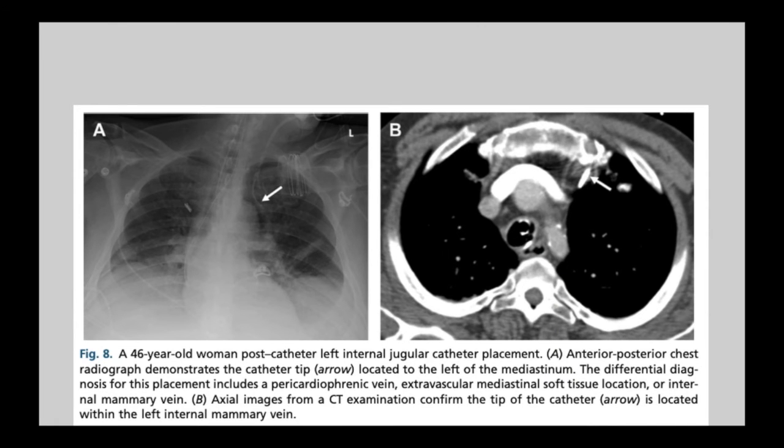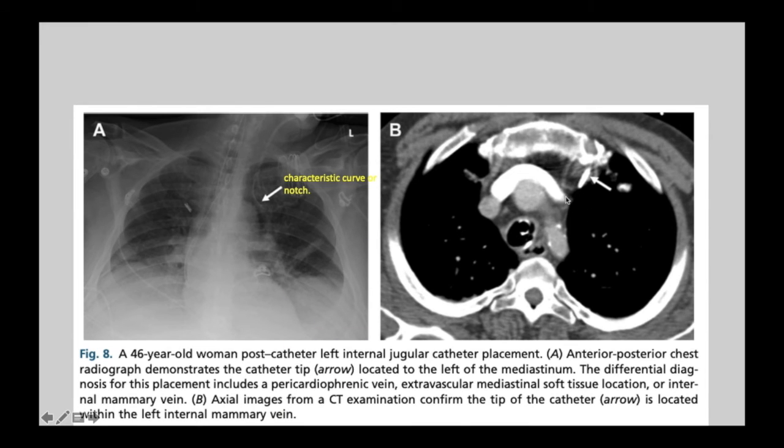So this is just a few images to show a post-catheter radiograph in a 46-year-old woman showing a left paramediastinal position of catheter with the catheter tip curved slightly like this, and the differential of this radiograph includes catheterization of a pericardial phrenic vein, or extravascular mediastinal soft tissue location, or catheterization of a left internal mammary vein. So this patient proceeded with a CT scan, which shows the tip is within the left internal mammary vein.